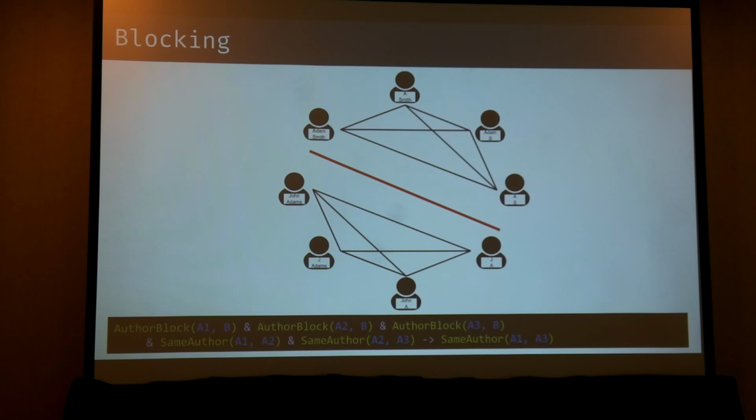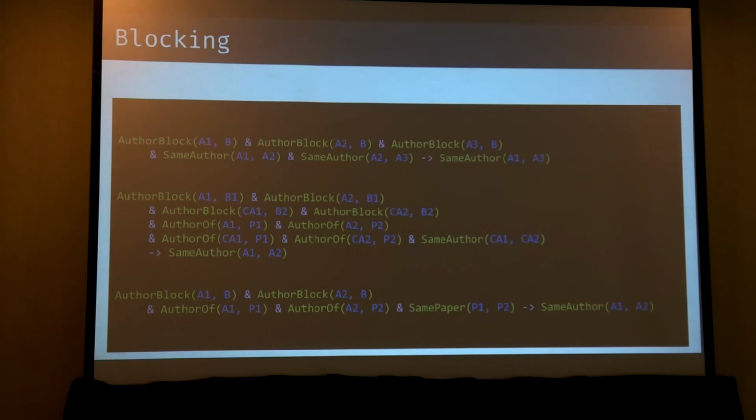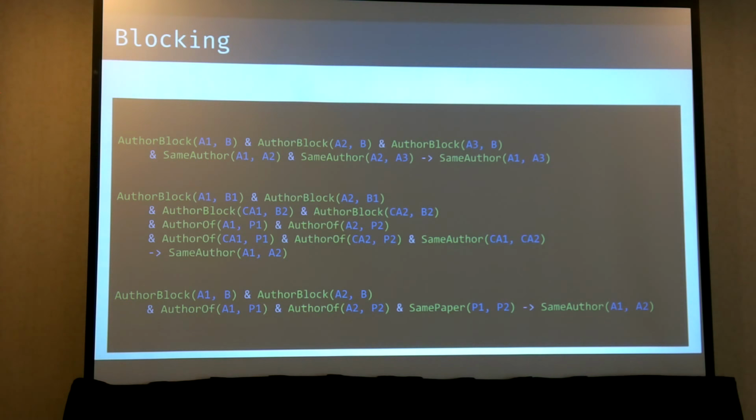They all have to belong to the same block, and then we'll compare them. So instead of doing it between the Adams and Smiths, we're only doing it within the top portion, and only in between the bottom portion. And if we extend this out to all the rules, we're going to get rules that look like this. This is no big deal. You can just look at this in the model.